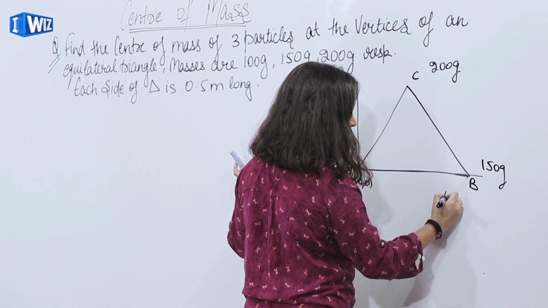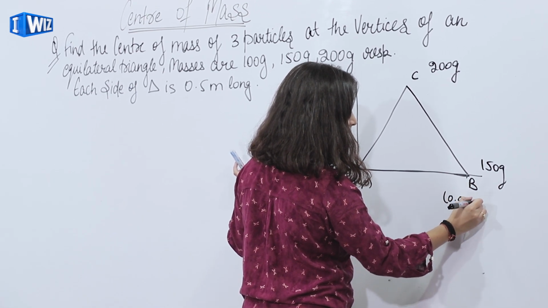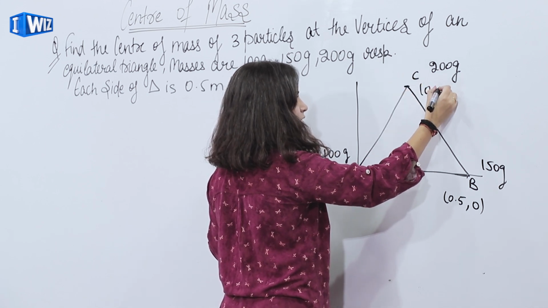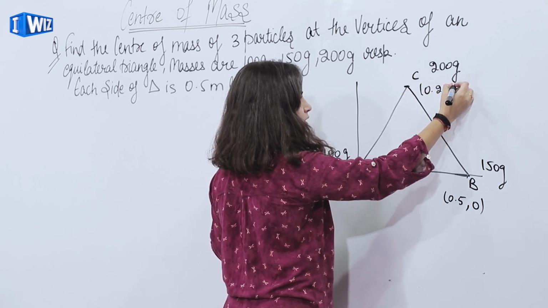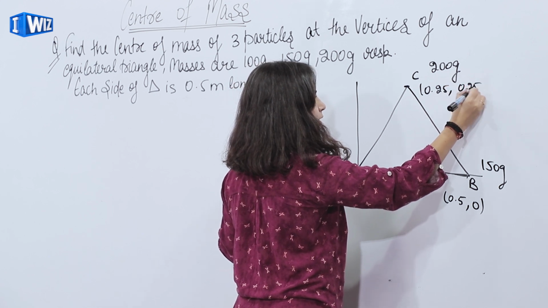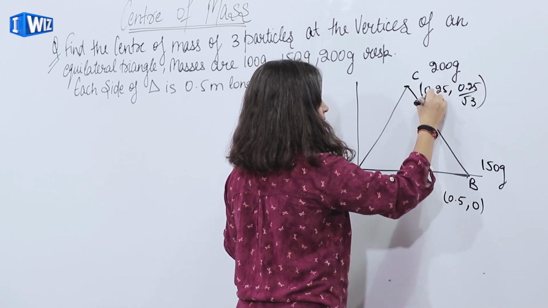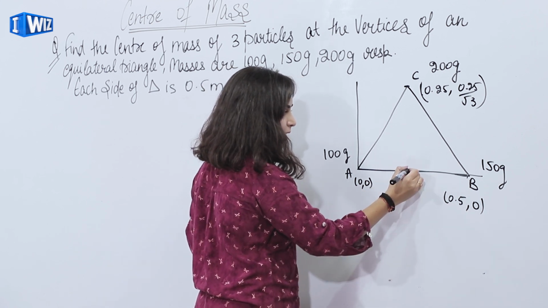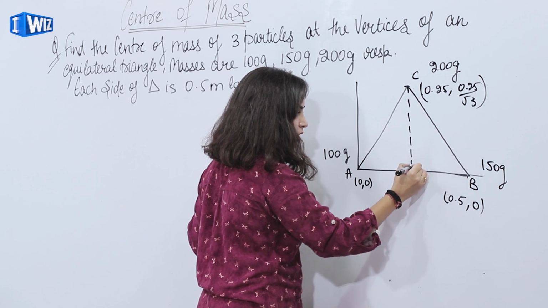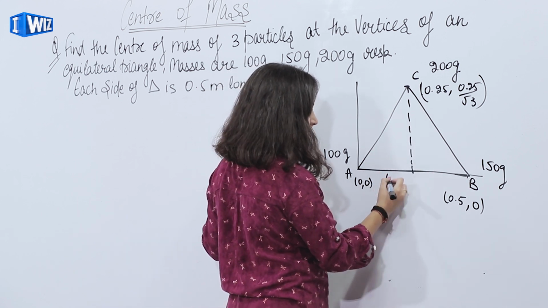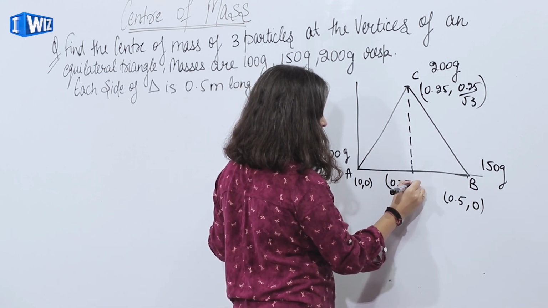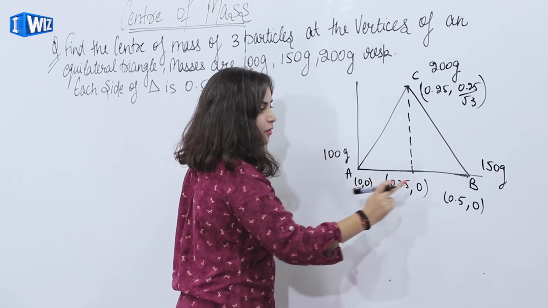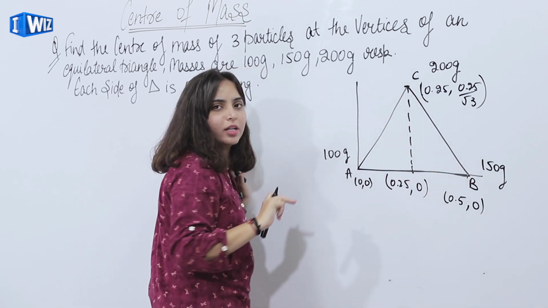So coordinates of B will be 0.5, 0 and coordinates of C will be 0.25, root 3 by 4, because we know the two coordinates and we can calculate the midpoint, that will be equal to 0.25, 0, and with this help we know coordinate A, we know coordinate B, we can calculate coordinate C.